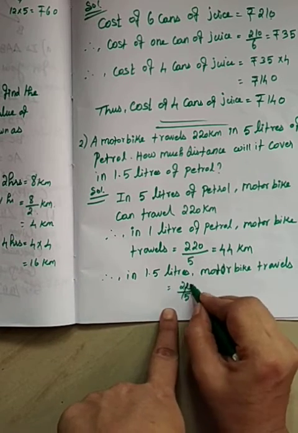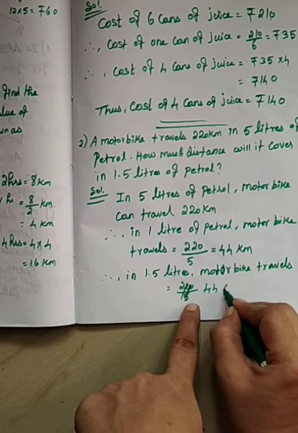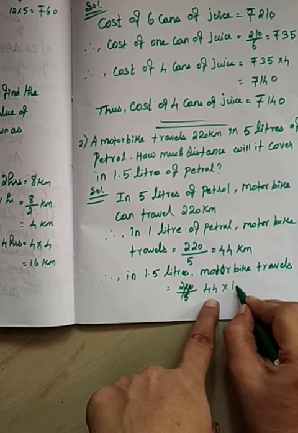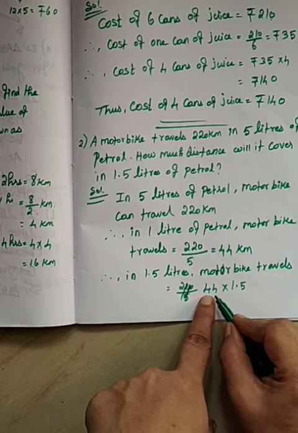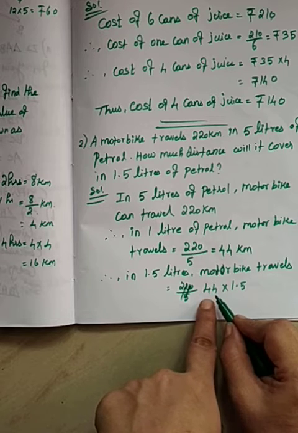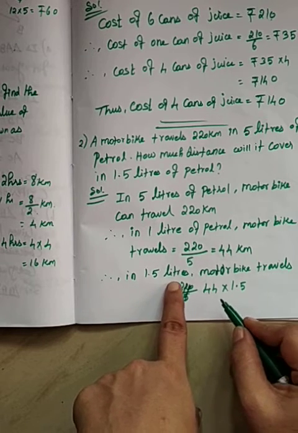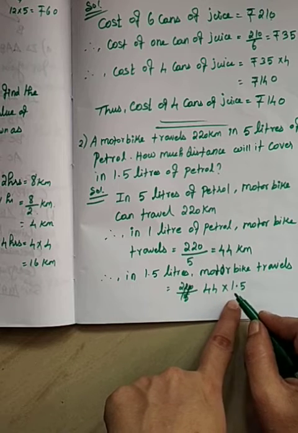So directly you can take 44. So 44 into 1.5. Okay, see here the 44 is the kilometer, right? So you need 1.5 liters means 44 into 1.5.